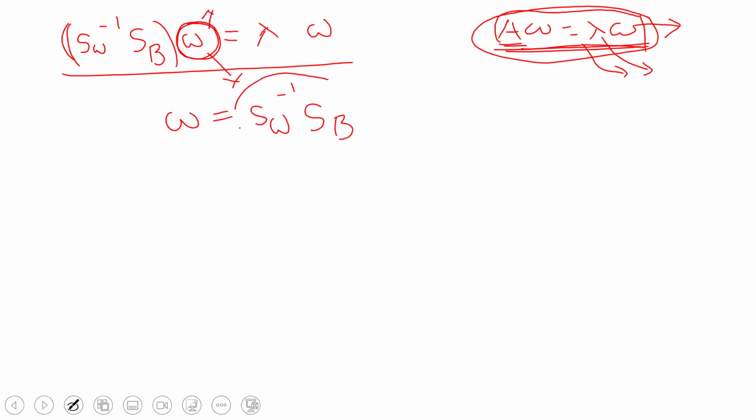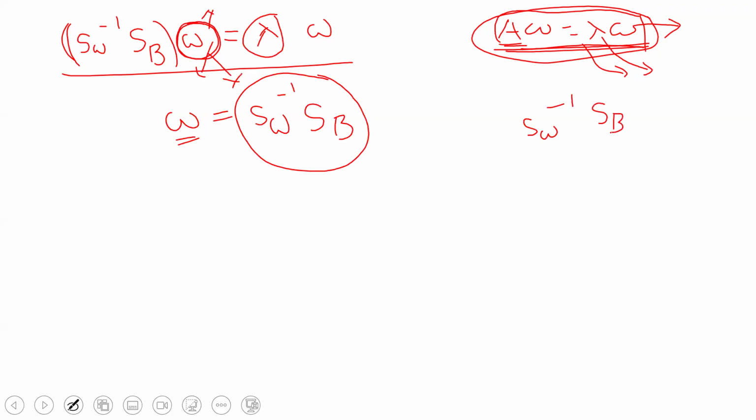If you find the eigenvectors of this matrix, that will give you the W value. If you want to maximize, you have to take the largest value of lambda. So linear discriminant analysis comes down to finding the eigenvectors of SW inverse SB.